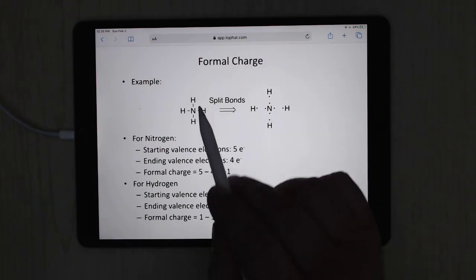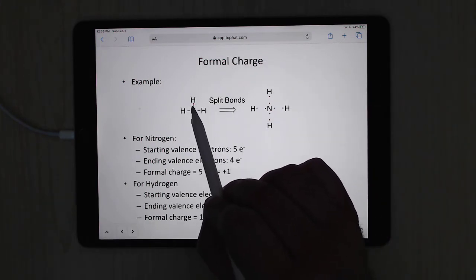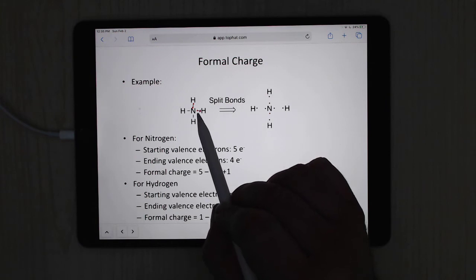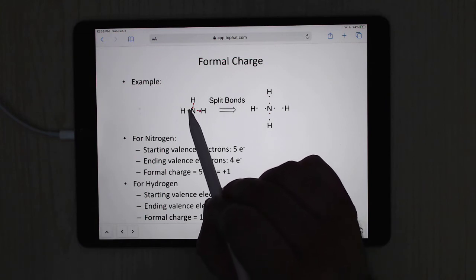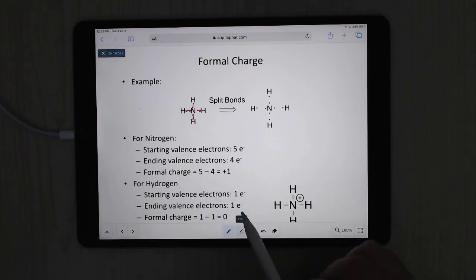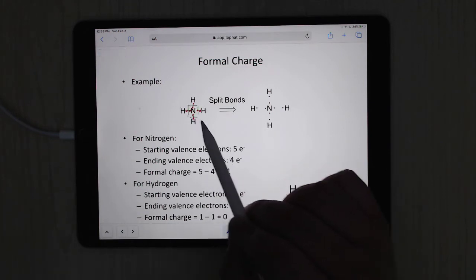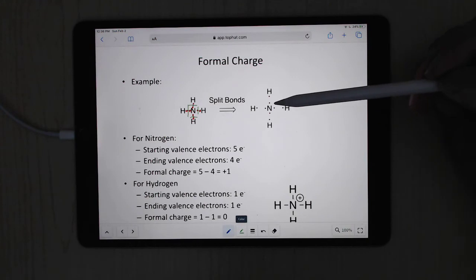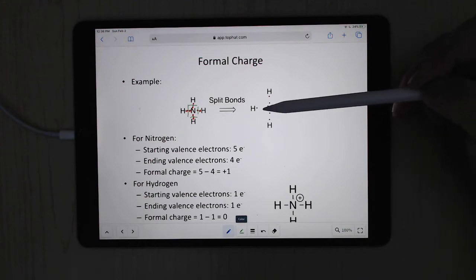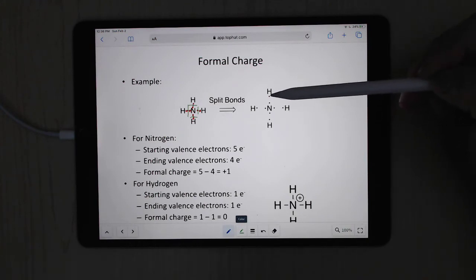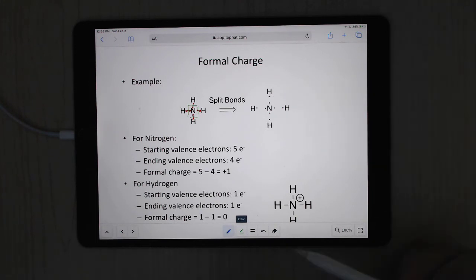For each one of these, we're going to remember there's 2 electrons in each bond, and if we're going to split it, it's going to look like this. So nitrogen would have 1 electron from each one of these bonds. Hydrogen would have 1 electron from its bond.